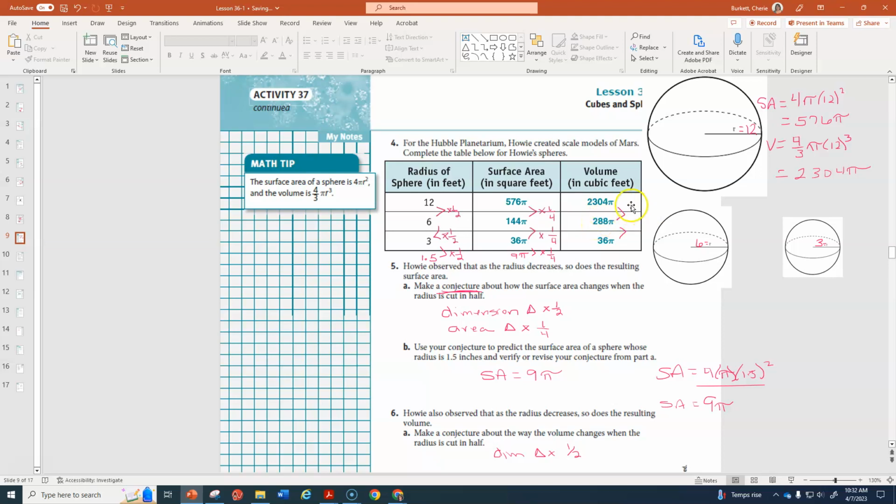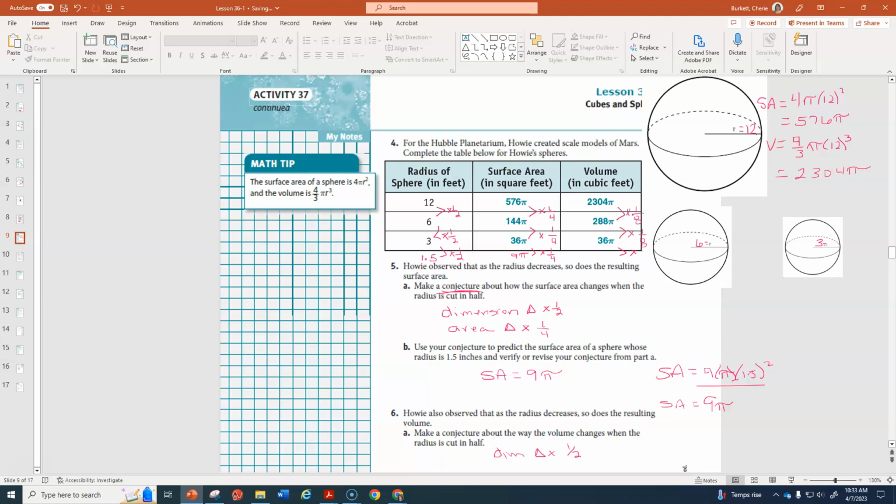I believe that's going to be 1/8. 2304 divided by 8 gives me 288. So that's going to be times 1/8. And I think it's going to be right here, times 1/8.